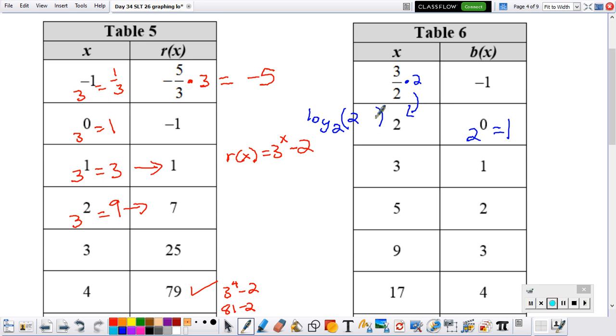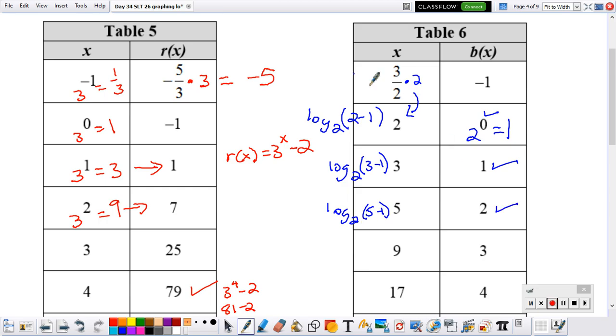But if I take the 2 and subtract 1, log base 2 of 1 gives me 0. If we've got log base 2 of 3 minus 1, that would be log base 2 of 2. Yep. If I've got log base 2 of 5 minus 1, that would become 4. 2 squared is 4. Yep.